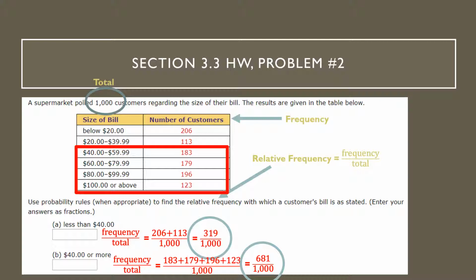Sorry, I went ahead and fast forwarded through all that, but there's our bottom 4 rows. Those are the people who had a bill of $40 or more. So I'm adding up 183 plus 179 plus 196 plus 123. All of those numbers add to 681 divided by my total, which is 1,000. So 1,000 customers in total.